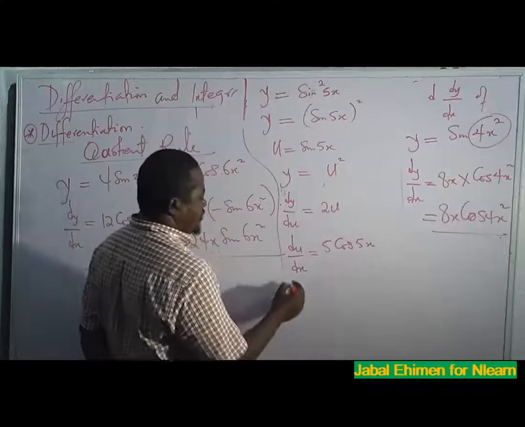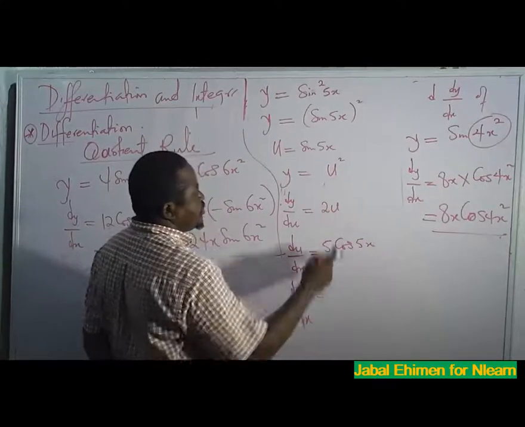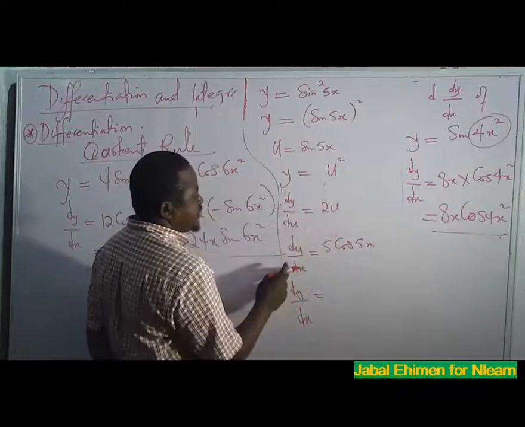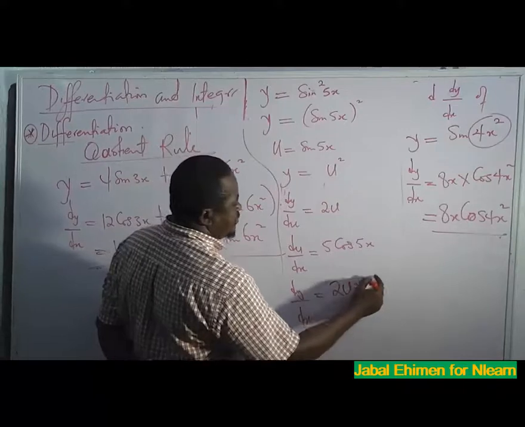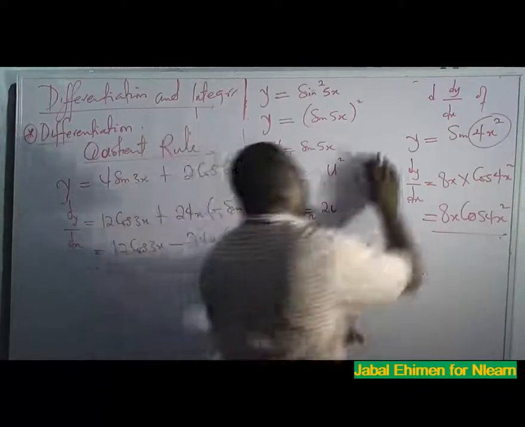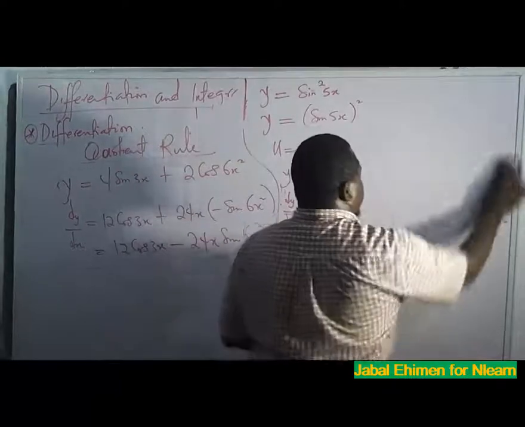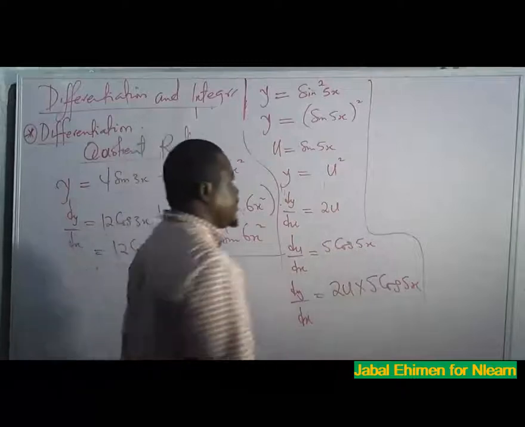So what that means is that dy over dx, which is the complete value, becomes the multiplication of this and this. So when you multiply that, you have 2u times 5 cos 5x. Okay, multiplying that together analytically gives me 2 times 5, that's 10.